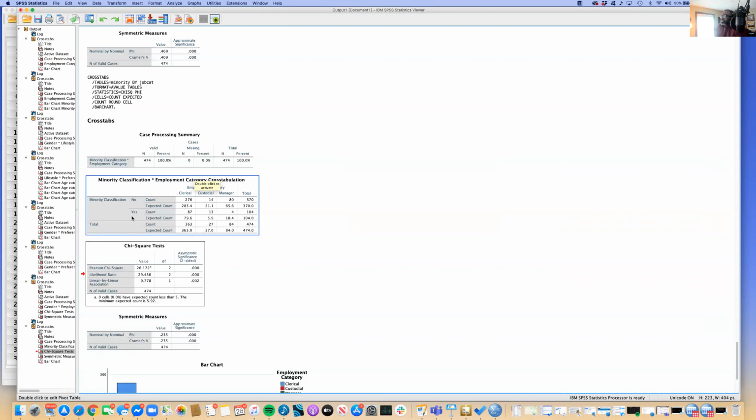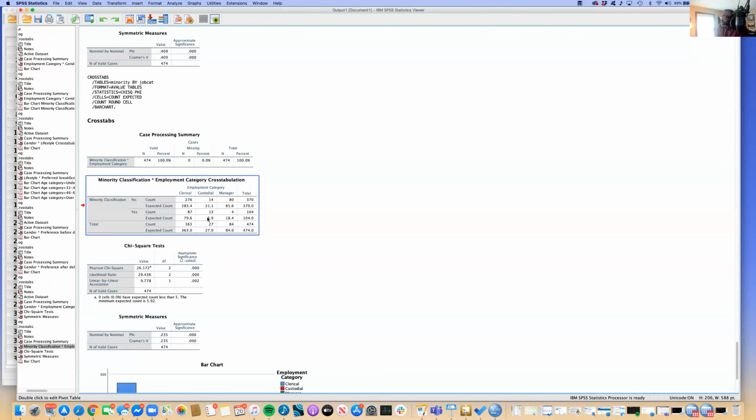Now, coming down here to if you are a minority, we would expect the clerical count to be 79 or roughly 80. We got 87. If there was no relationship between minority status and job category, there would be about 6 custodial staff, but there are actually 13.